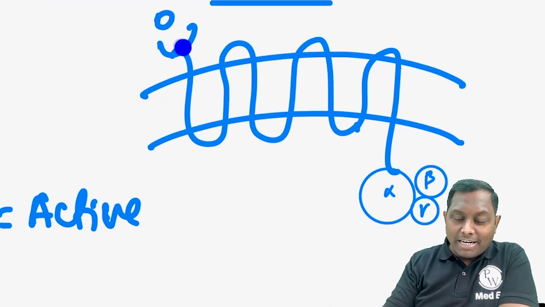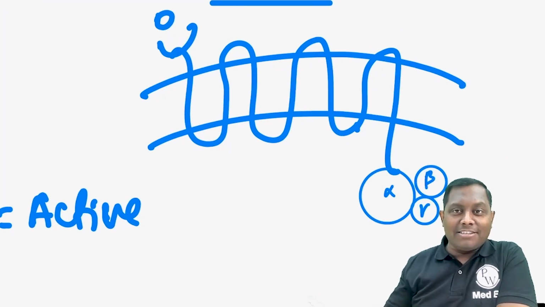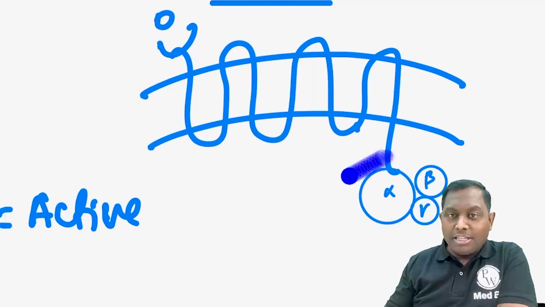Alpha is the active one. Whenever a ligand binds here, beta plus gamma dissociate. As soon as a ligand binds outside, a signal is generated immediately.